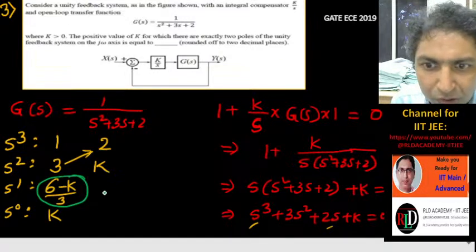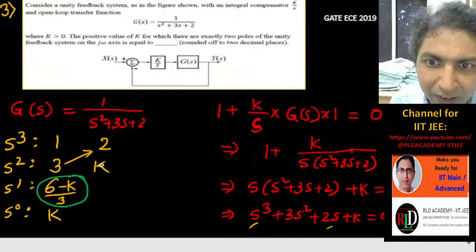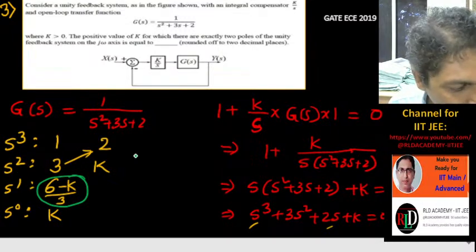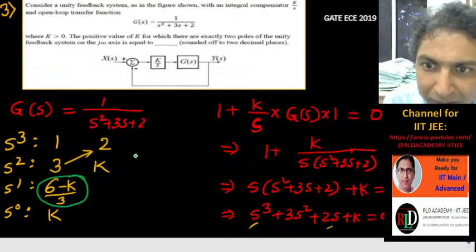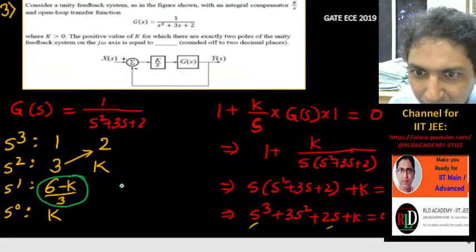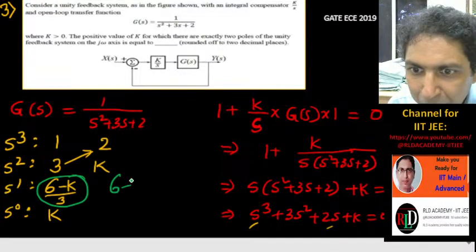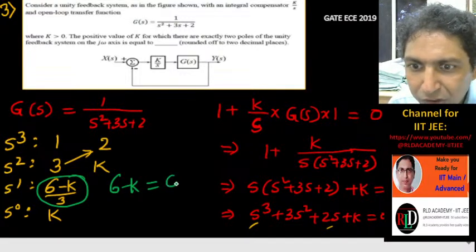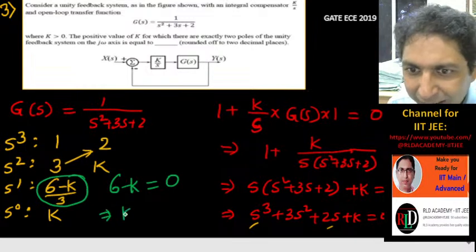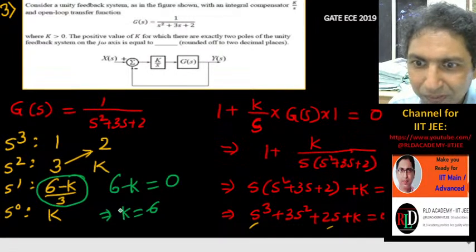If this equals 0, then you will get an auxiliary equation from the row above, 3s square plus k equals 0. Then the poles should be on the imaginary axis, the critical condition. So from here, 6 minus k equals 0, because 3 divided by 3, I can multiply on the right side, so k equals 6. So this is the answer.